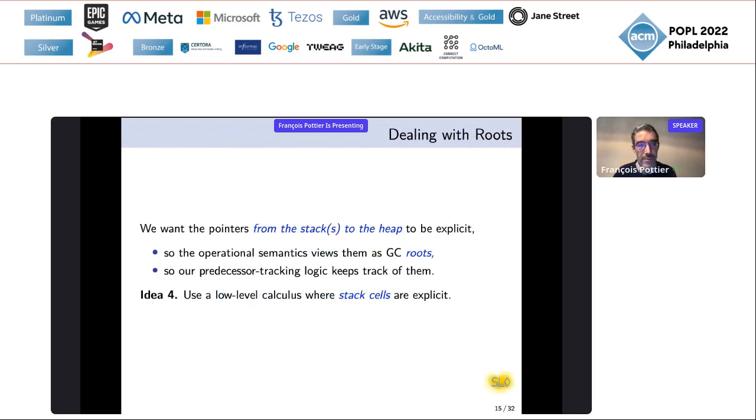The last slide in my overview is about roots. I have mentioned reachability, and reachability makes sense only if you know what the roots are. So both in the operational semantics and in the reasoning rules, we need to say something somewhere about the roots. What are the roots? Our answer to this is we need the pointers from the stack into the heap to be explicit.